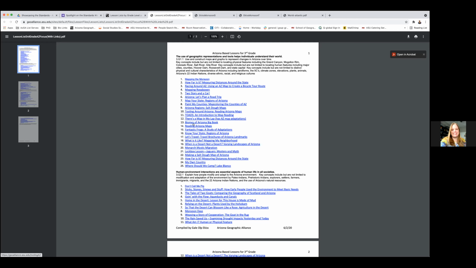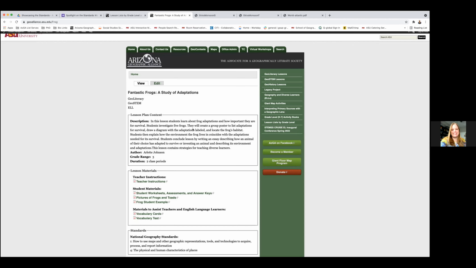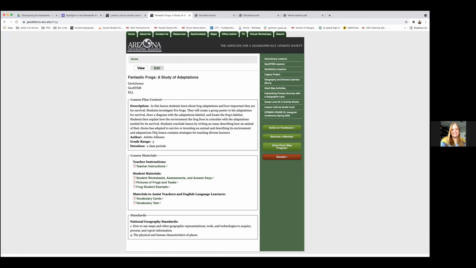And they are hyperlinked. So if you're looking through this and go, oh, I really want to learn about fantastic frogs because frogs are awesome, I need a lesson on frogs, I can go here, and here's my lesson on frogs. So these are all by grade level. So maybe you've got a friend that teaches 4th grade, or maybe you teach 2 grade levels.